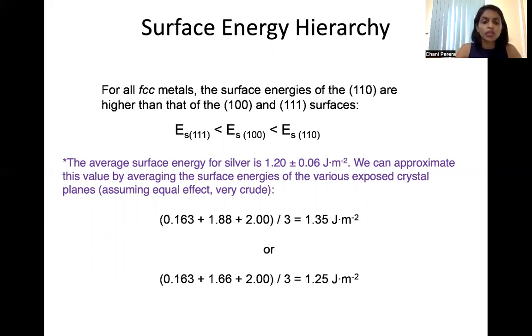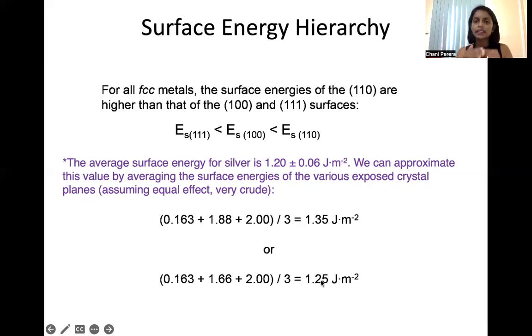So they have averaged the 3 planes, taking 3 planes into account. The average surface energy for silver is around 1.2 plus or minus 0.06 joules per square meter. In our case, it would be either 1.35 or 1.25.